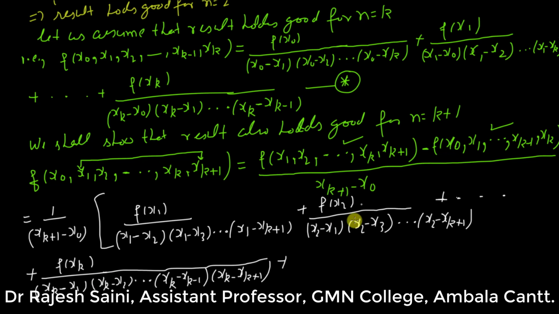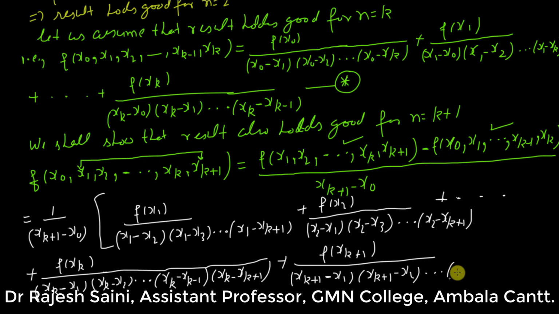Now writing the last term, f of xk plus 1 divided by xk plus 1 minus x1, xk plus 1 minus x2, up to xk plus 1 minus xk plus 1 is to be left, so we will write this one. Okay, fine. You can enclose it in curly braces.